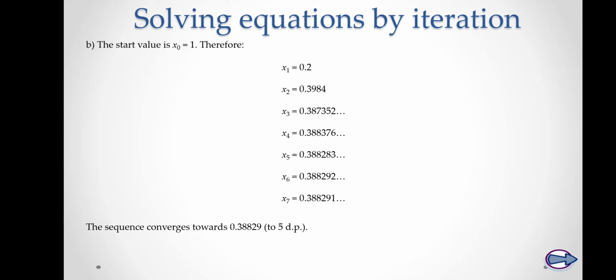So for 5 decimal places, it is equal to 0.38829. See, you can see x6 equals 0.38829, x7 also 0.38829. So for 5 decimal places the answer should be 0.38829.